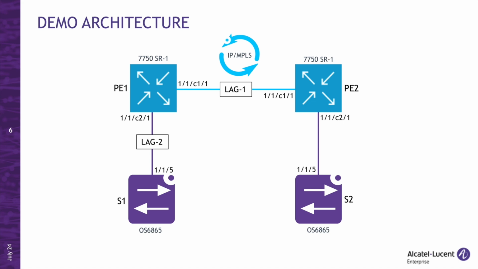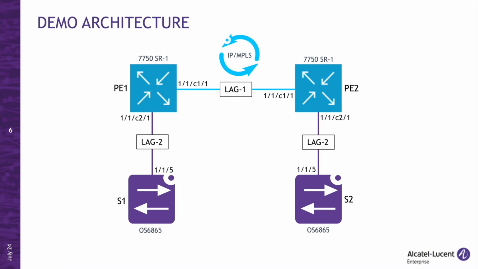Let's imagine that we want to deploy a L2 connectivity between two sites over an MPLS network, with one site connected to S1 and the second site connected to S2. We will begin by the configuration of a link aggregation with LACP between PE2 and S2. The one between PE1 and S1 is already configured.